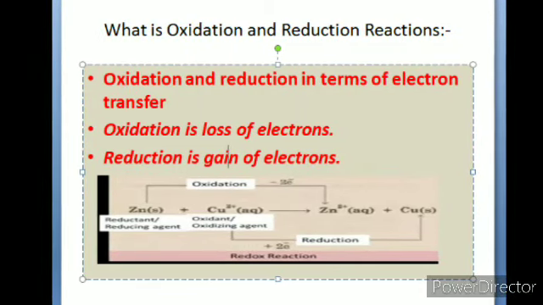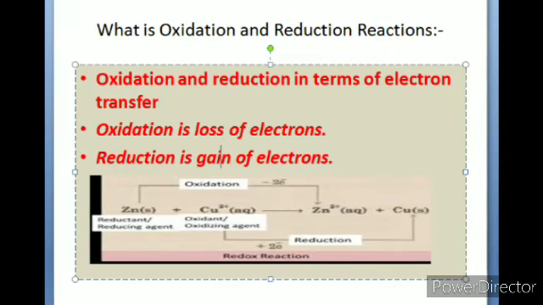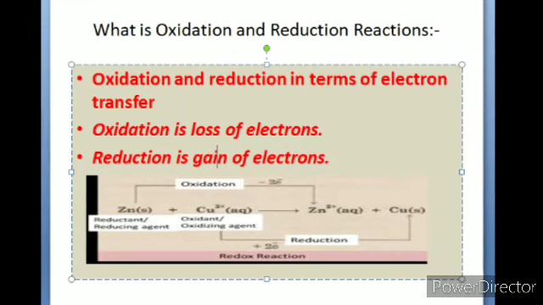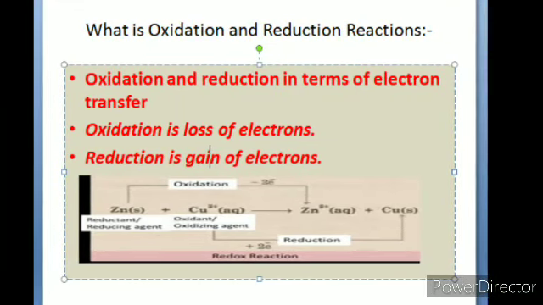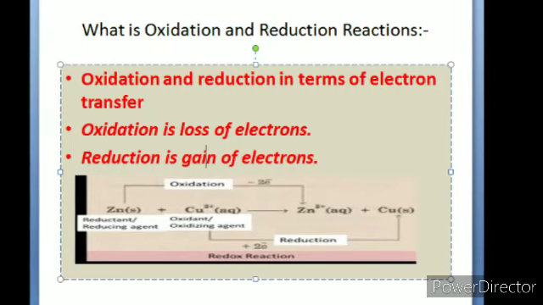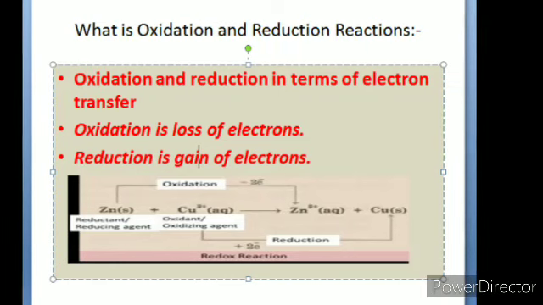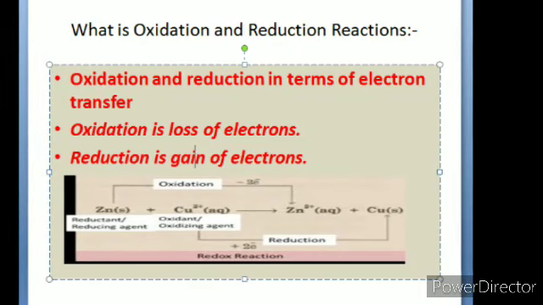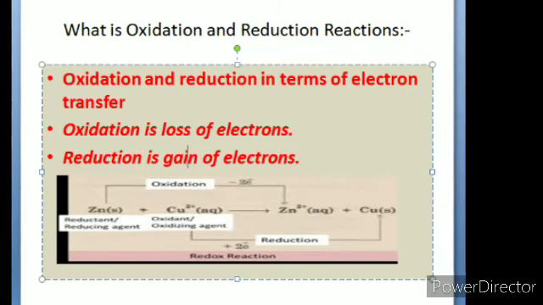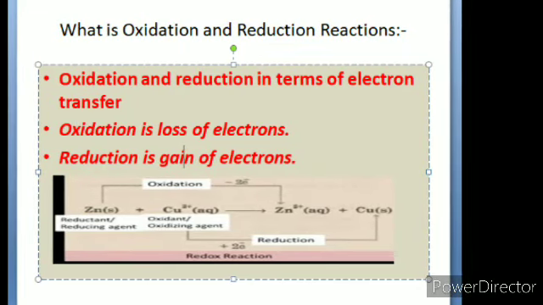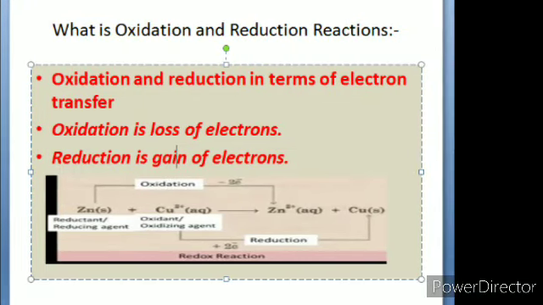In this example, you see zinc is getting oxidized as, moving from reactant to product side, it loses its electrons, whereas copper is getting reduced because copper, while moving from reactant to product side, gains the electrons. So we can define oxidation and reduction in terms of electron transfer.